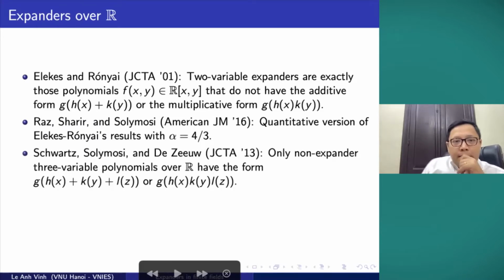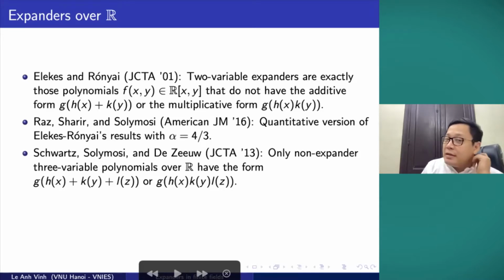If we look at higher-variable expanders, the three-variable expanders, then the result by Schwartz, Solymosi, and De Zeeuw in the Journal of Combinatorial Theory Series A in 2013, 12 years later, shows that the only non-expander three-variable polynomials over R are of certain forms, which is also expectable.